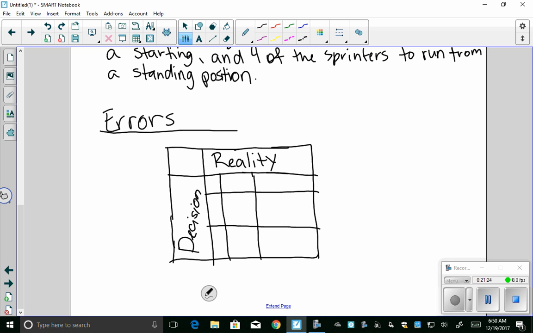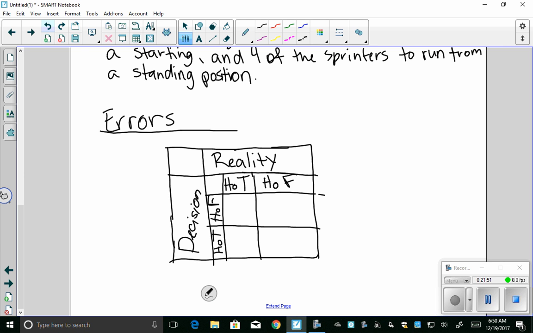the null hypothesis was true, the null hypothesis was false.